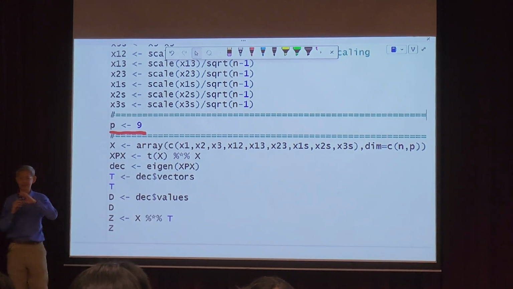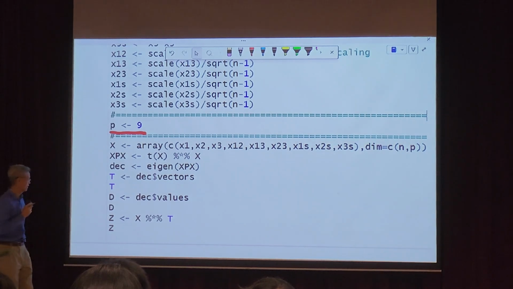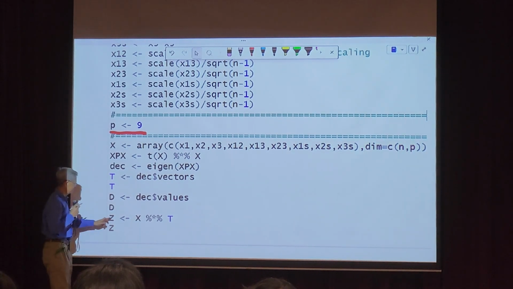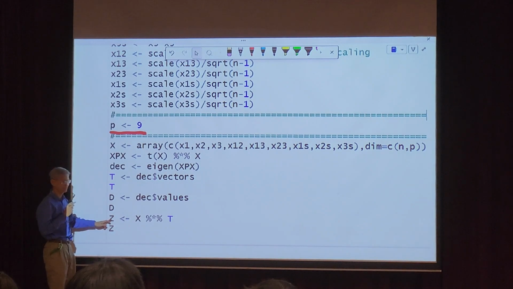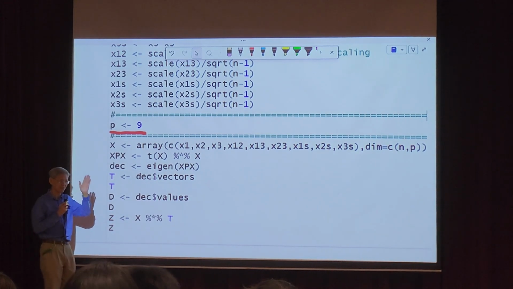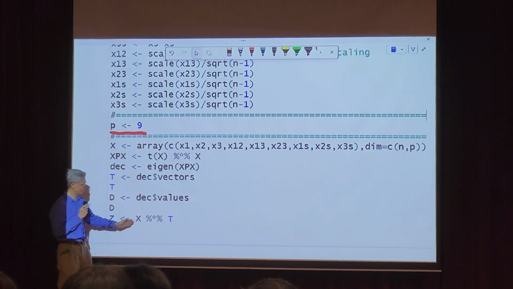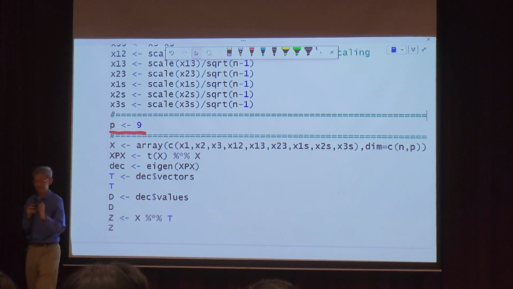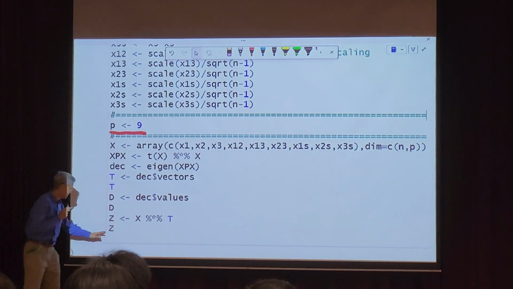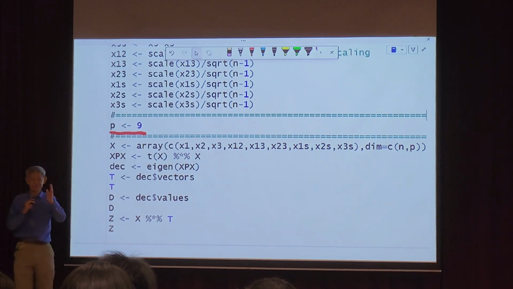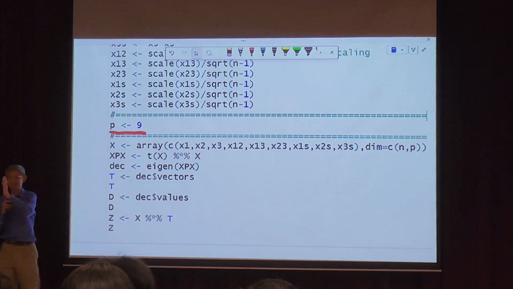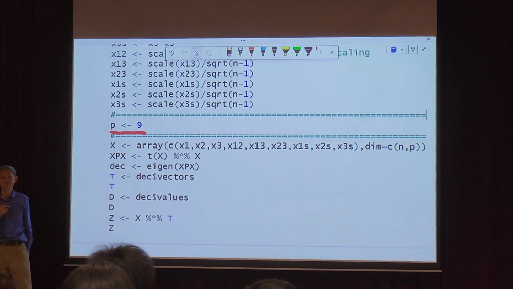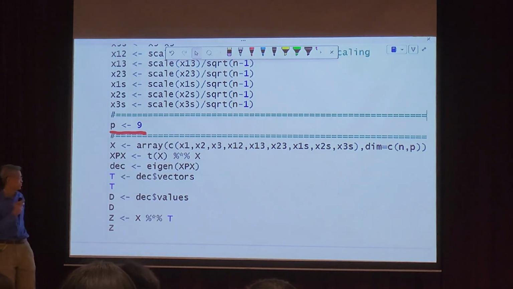So how do we get all the principal components? Very easy. Z is the new regressors. The new regressors are obtained by x times t. Now, this is the matrix of xt, or principal components.